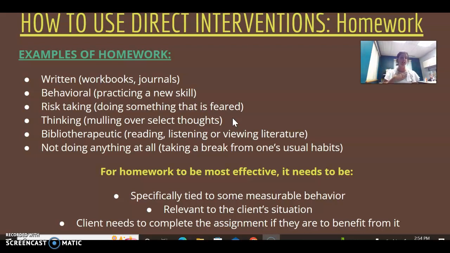If it's my objective to prove that Elvis is actually dead, that assignment might work, but it's not going to have any sort of benefit to the client. So it has to be tied to some measurable behavior that they've identified is important to work on. So that's got to be relevant to the client situation.